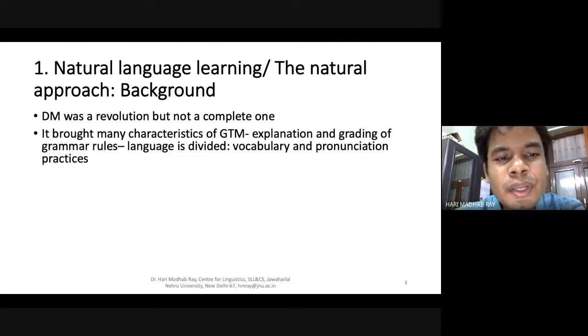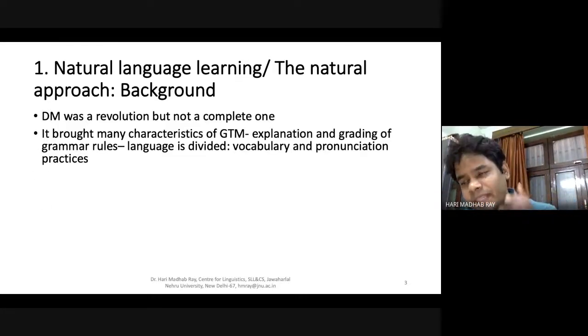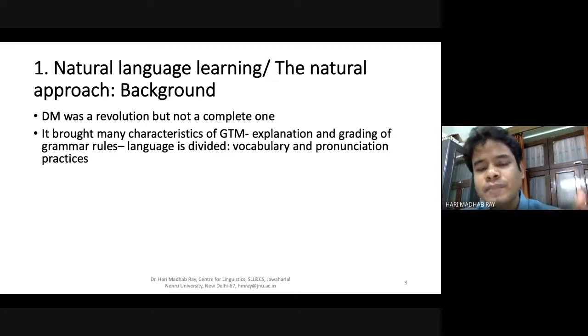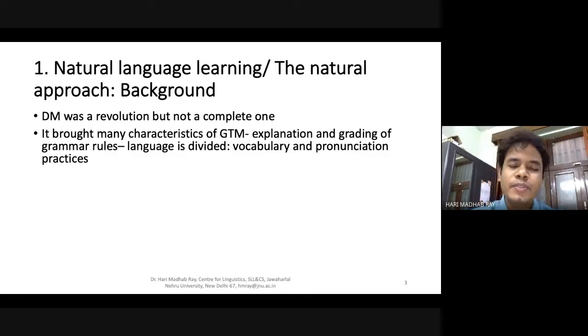If you look at the grammar translation method, the focus was totally different. The direct method was definitely a kind of revolution, but not a complete one.